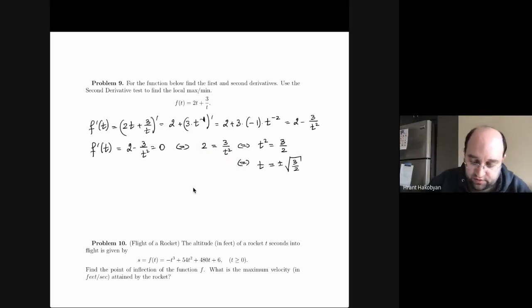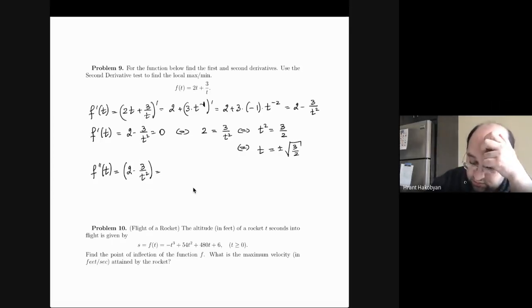Now we have to figure out whether at each point the second derivative is positive or negative, because we want to find out whether we have a local maximum or a minimum. So let's do the second derivative. The second derivative is the derivative of 2 minus 3 over t squared.